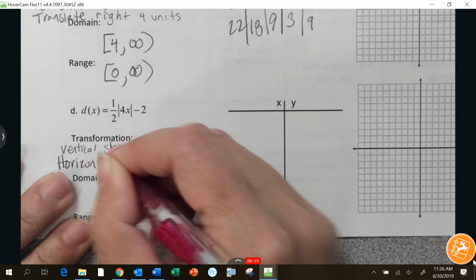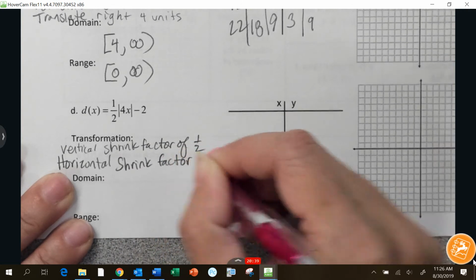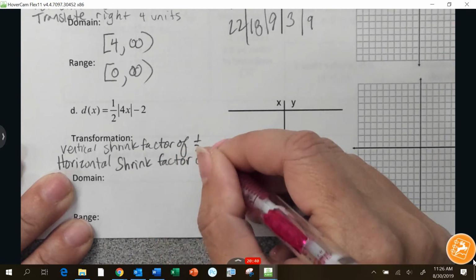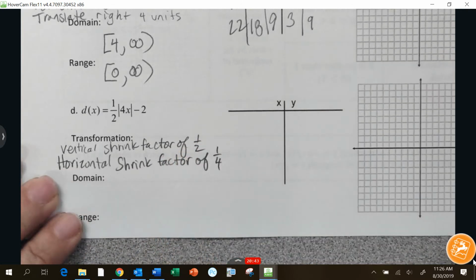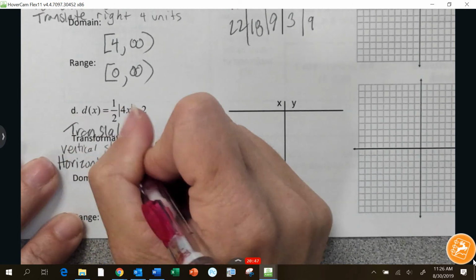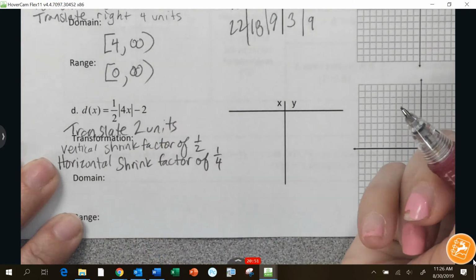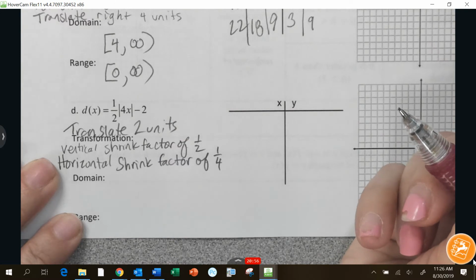Horizontal, shrink, because what's my factor? 1/4. And then the subtract 2 would be translate 2 units. Is it vertical or horizontal? It's vertical, so that would be down.